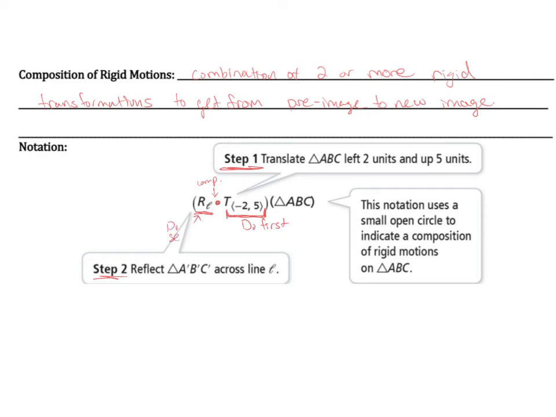Do second. Okay, that's a big thing to remember. Technically, right, it's saying translate, then do the reflection over the line L. Okay, so make sure you do the second listed transformation first. It's very important to remember.